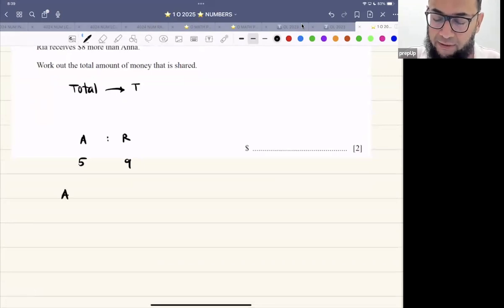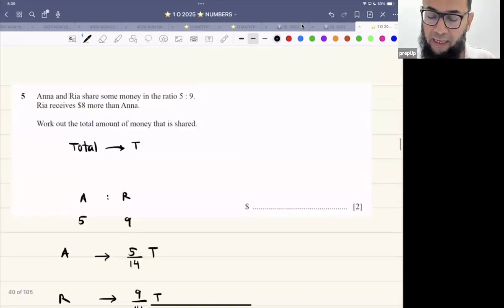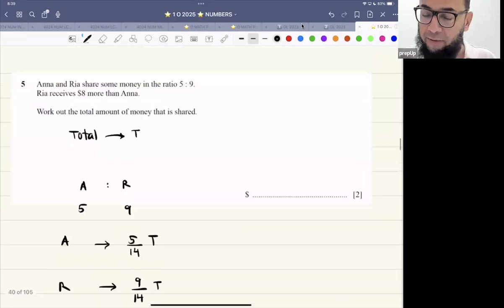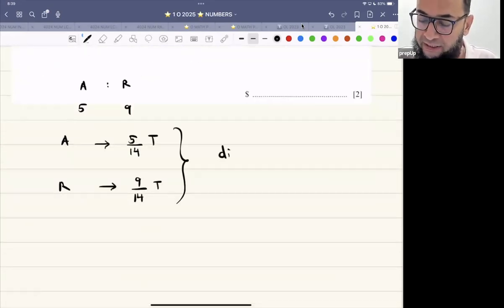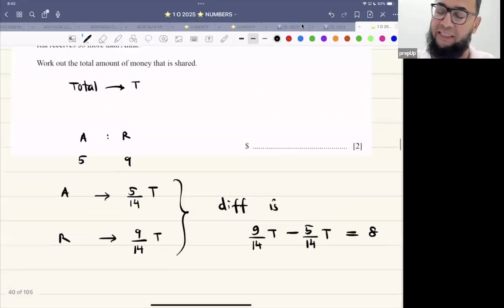So Anna receives 5 over 14 of T. Ria receives 9 over 14 of T. Who receives more? Ria. The difference is 9 over 14 T minus 5 over 14 T. This equals $8.